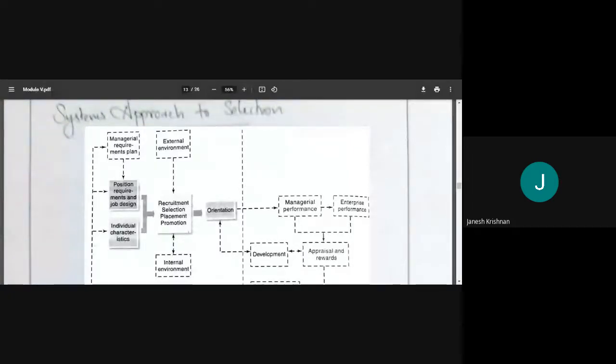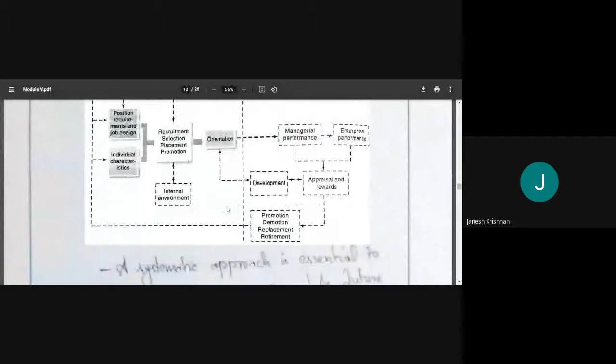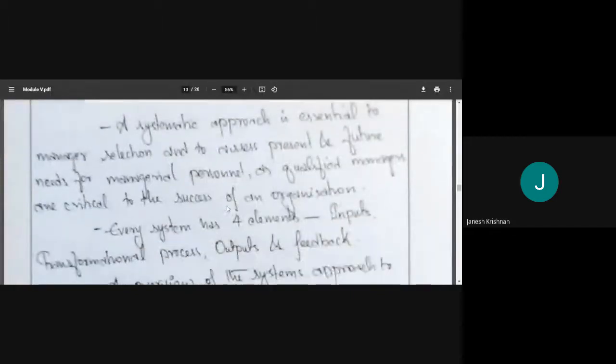We know selection is one of the key areas, because a manager's or an employee's work will translate into the company's performance. If we are not choosing the right person for the right job, if we choose a bad apple, the entire company will suffer.